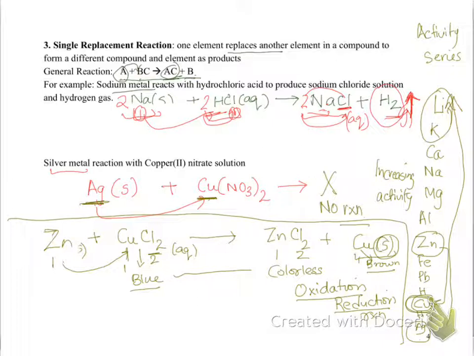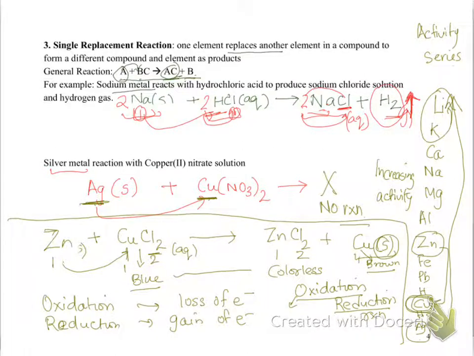For metals, the oxidation definition is loss of electrons. Reduction is gain of electrons. So this is the definition for metals, and we discussed it before. Metals lose electrons, and when they lose electrons, they become positively charged.